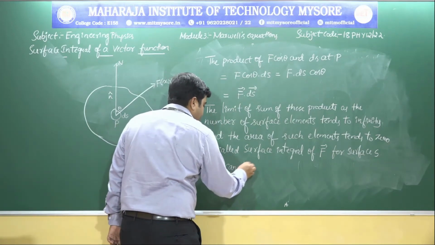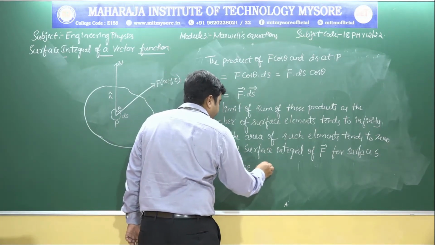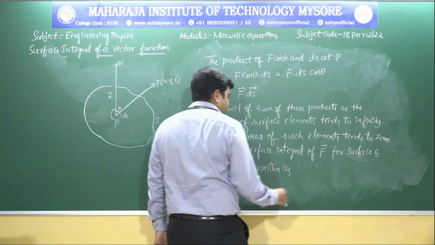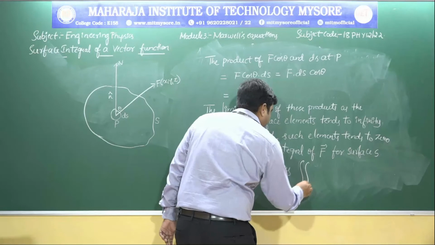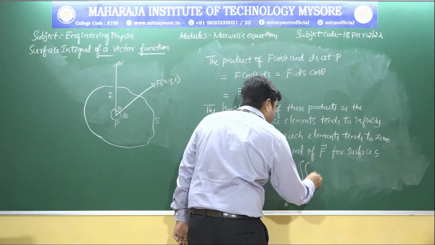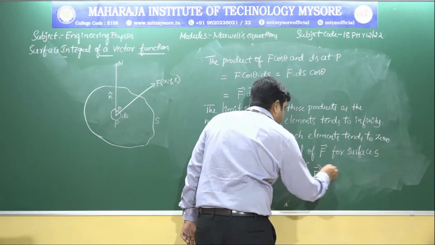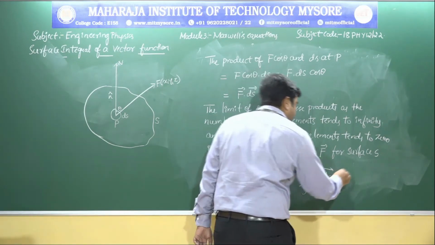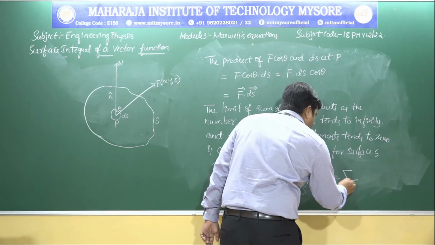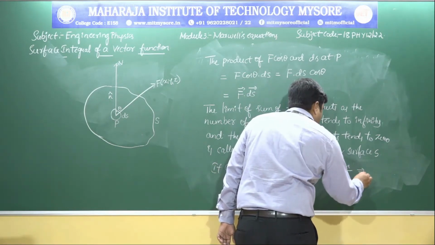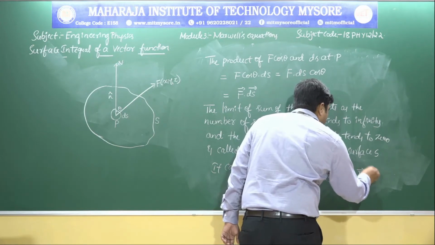It can be written as the double integral over S of f dot ds is equal to sigma i equals 1 to n of fi dot ds.